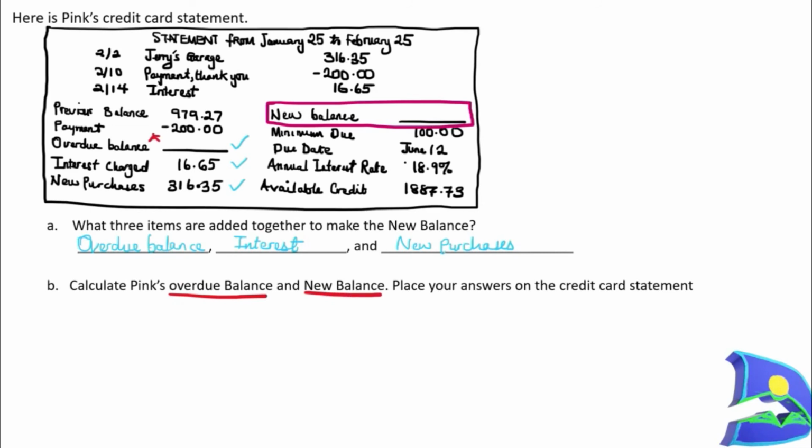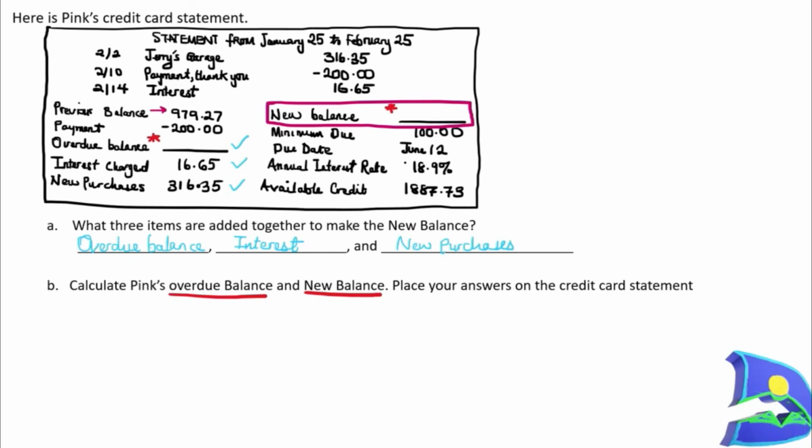So the overdue balance is right there, which is the blank, and the new balance is what we have on that particular asterisk right there. And we're going to look at calculations on how to solve the overdue balance first. To do that, we need to combine the previous balance with payments that you actually made.